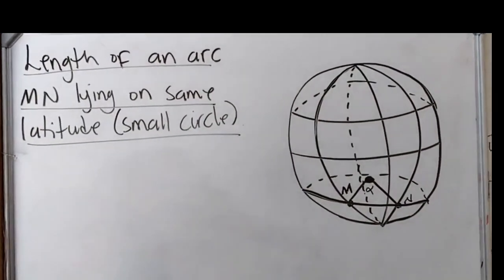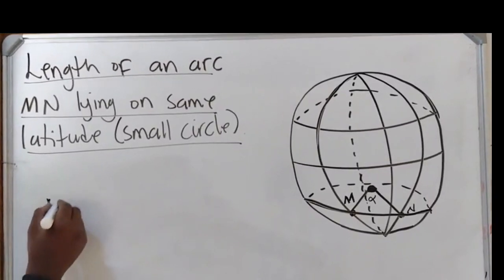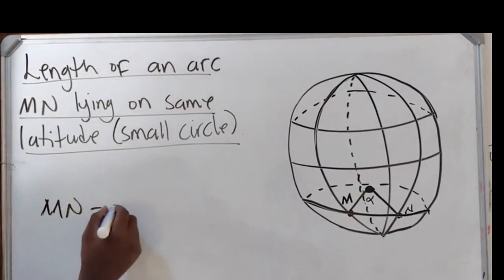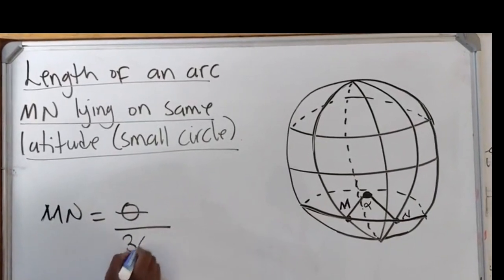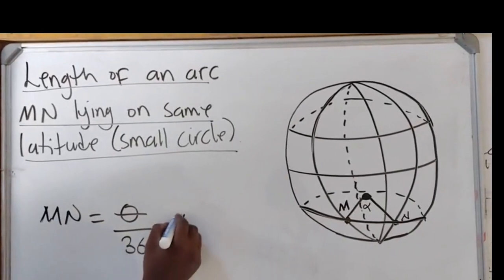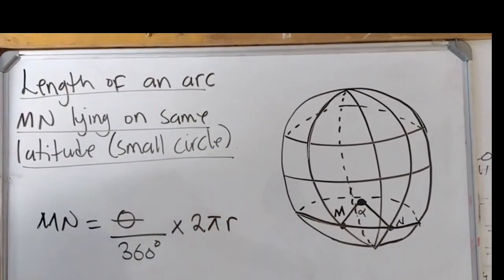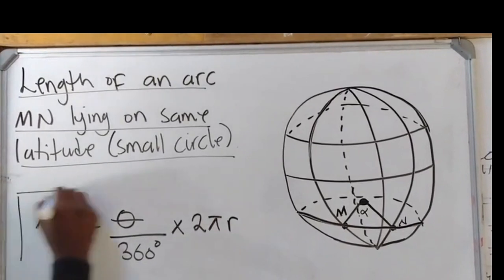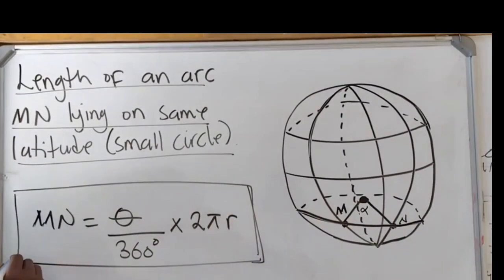The length of MN is equal to theta over 360 degrees times 2 pi r. You can use this formula.